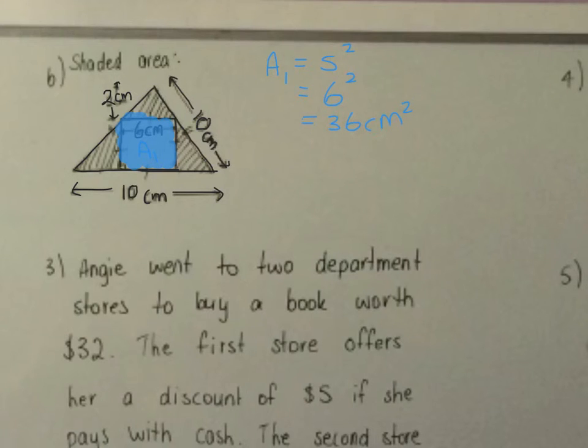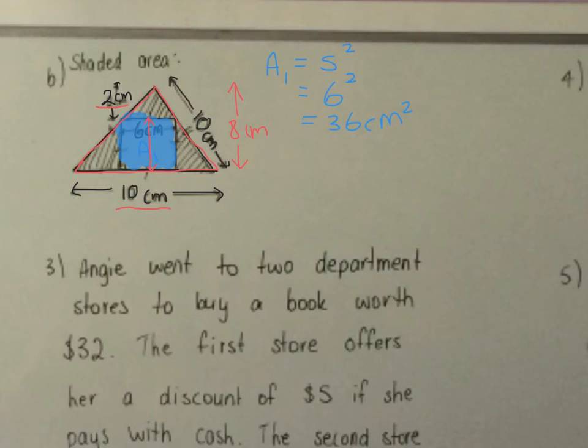Now considering the triangle on the outside, we can see that its total base length is very clearly given as 10 centimetres. But considering all the heights given in this shape, we can see that the height of that square is consistently 6 centimetres throughout that whole shape. And we are given the additional height to the apex of our triangle here as 2 centimetres, meaning that the total height of our triangle is actually given to us in parts in this question and is equal to 8 centimetres.